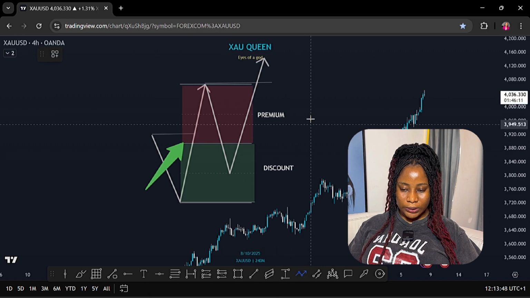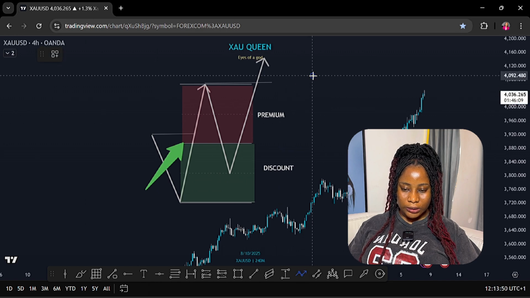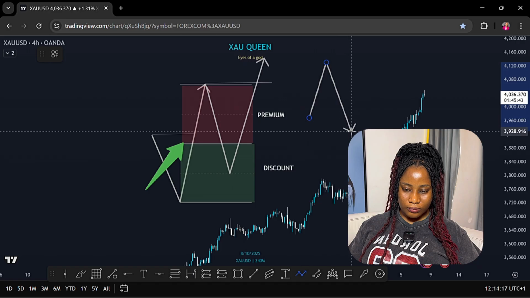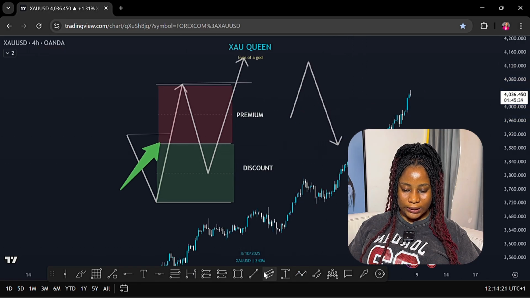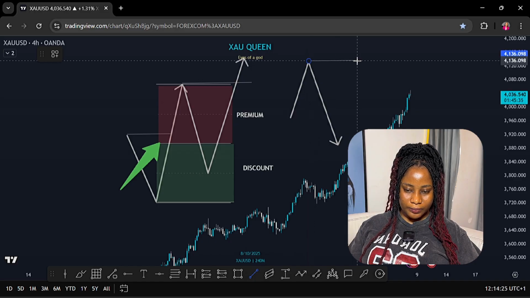Let me show you an example of a downtrend. Alright, so if we are also in a downtrend, this is our high and this is our low.